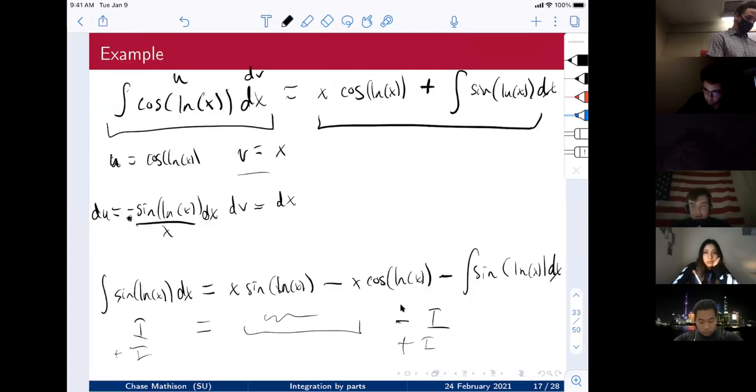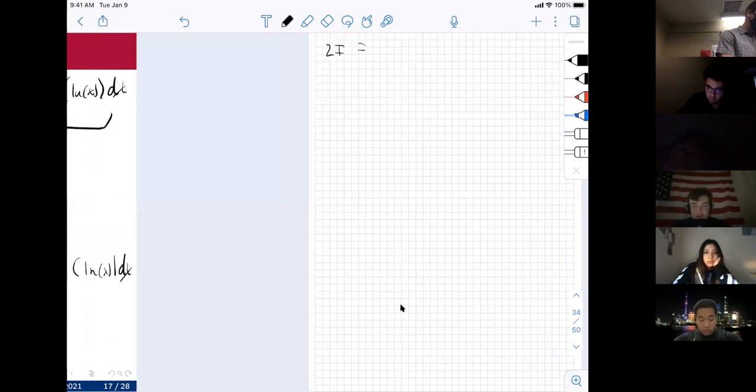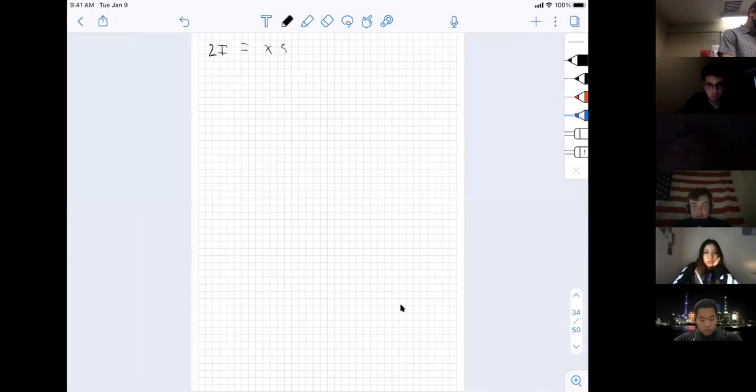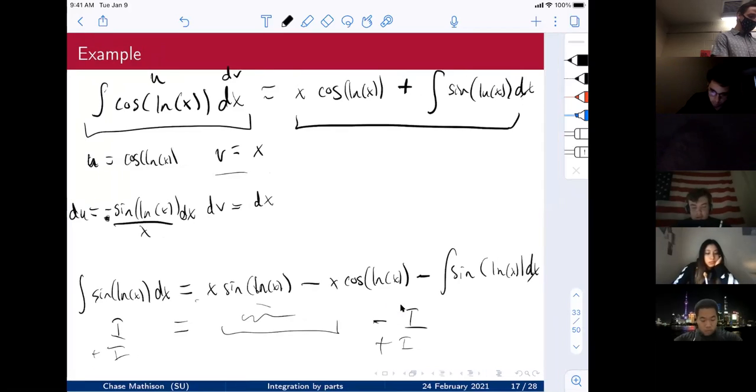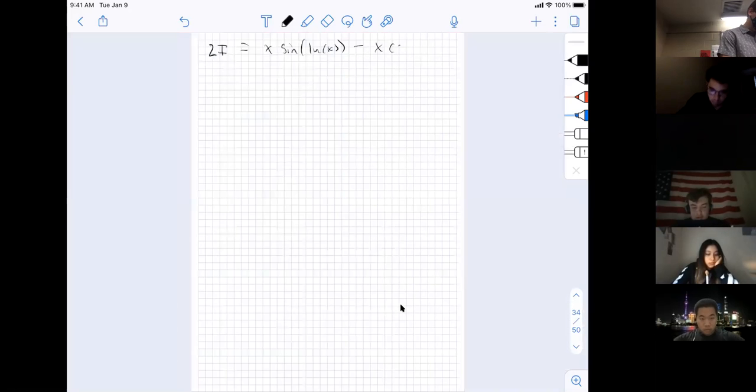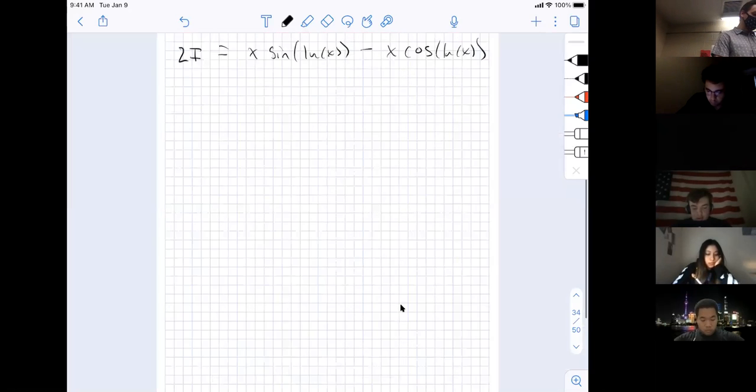Well, now I'm going to actually write the stuff in. 2I is equal to x sine of natural log of x minus x cosine natural log of x. And again, I'm calling I that integral that we were interested in.